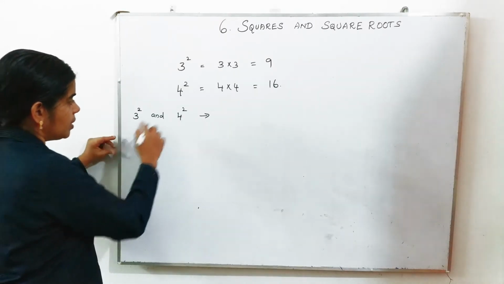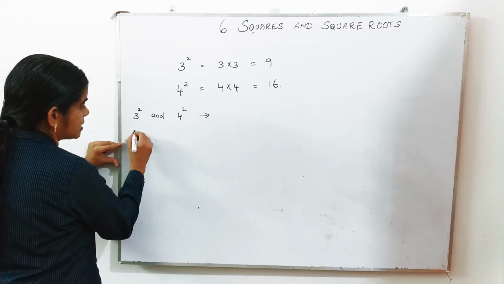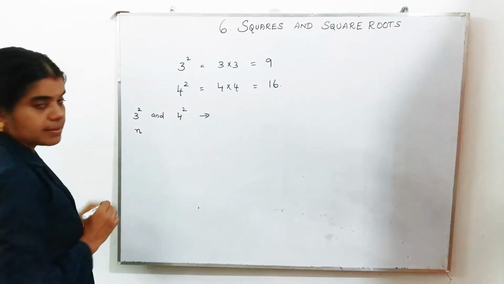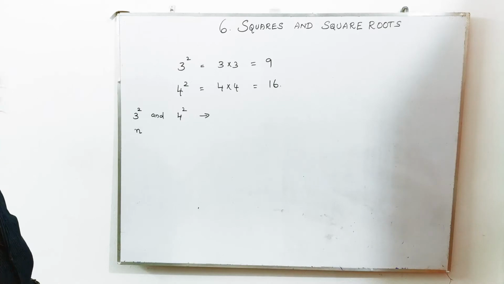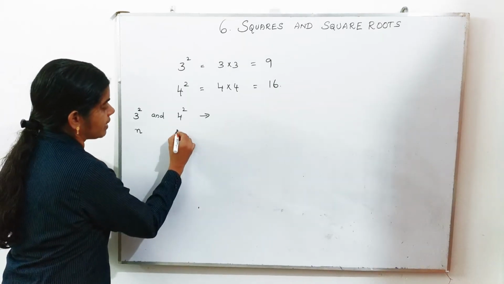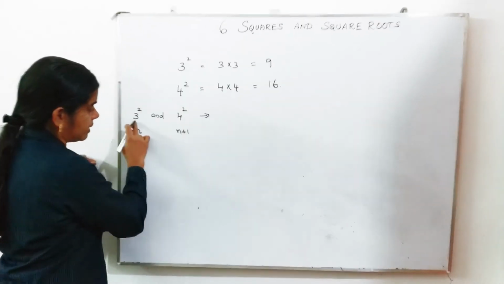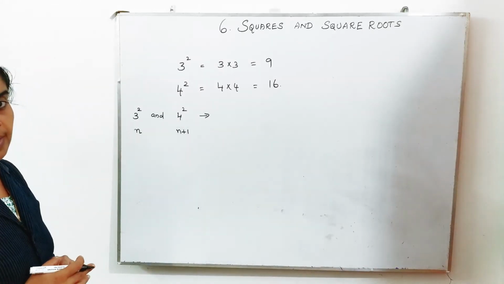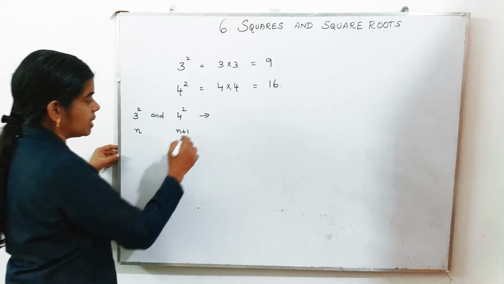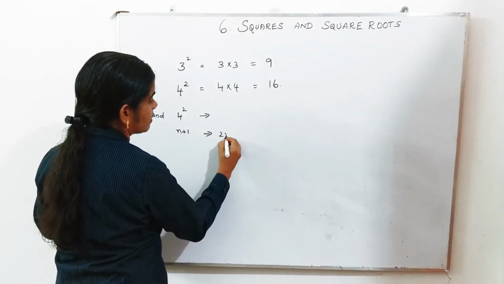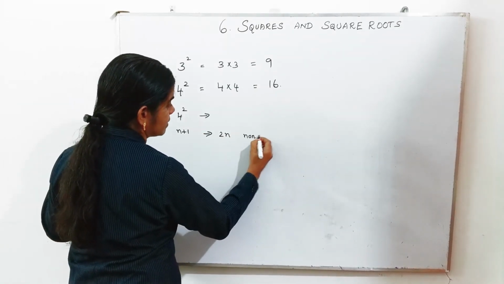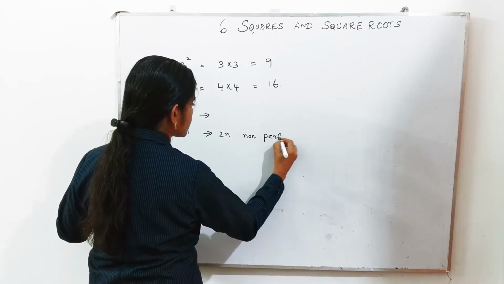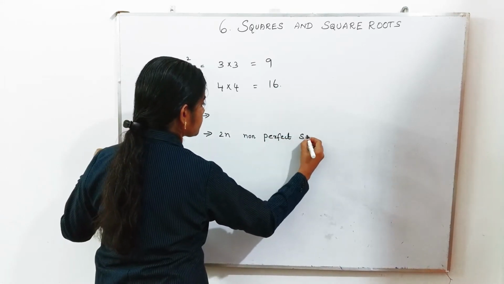Here, we are taking 3 as n. Generally we take one number, that is n. Then how can we take 4? n plus 1. n is 3, then 3 plus 1 you are getting 4. Between n and n plus 1, 2n non-perfect square numbers will be there.